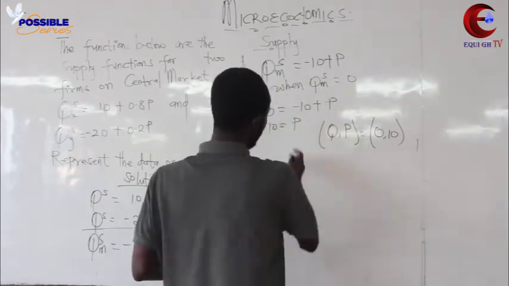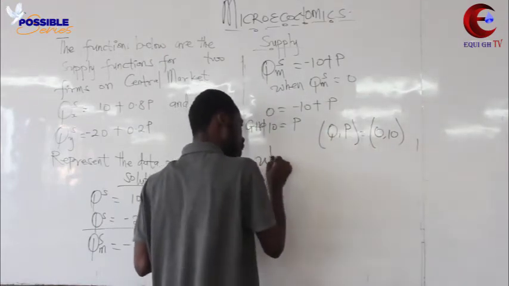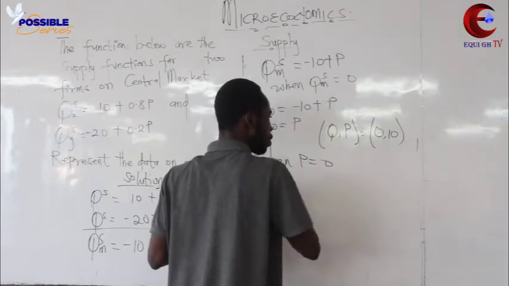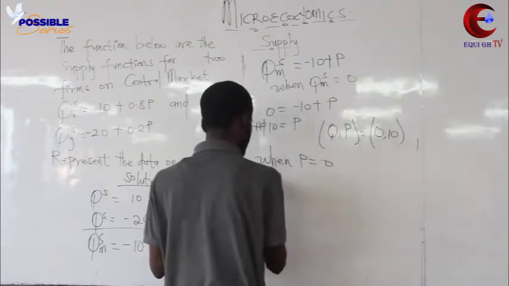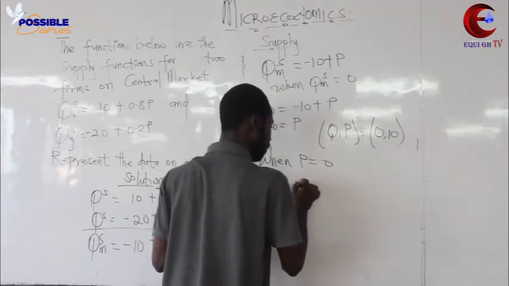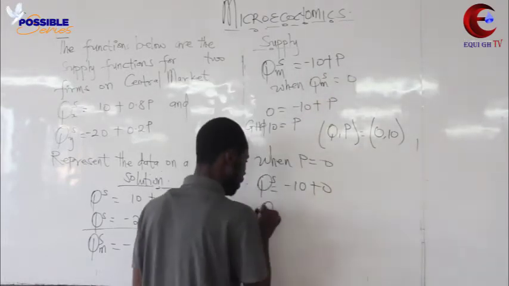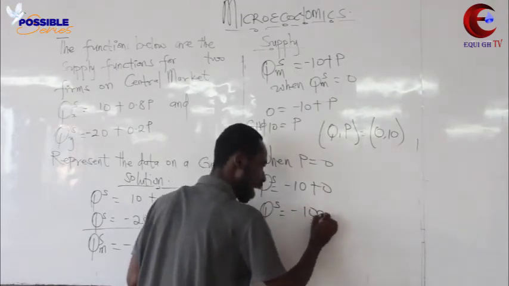Over here we said when Q is equal to 0. So here we are going to say when P is equal to 0. When P is equal to 0, quantity supplied is equal to negative 10 plus 0, so quantity supplied is equal to negative 10 units.